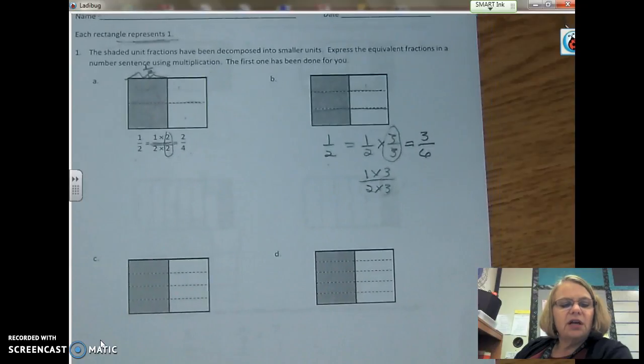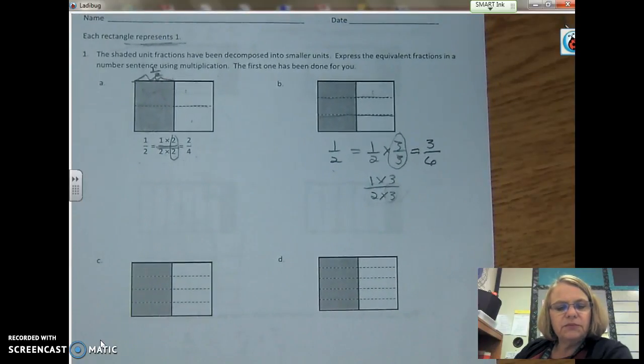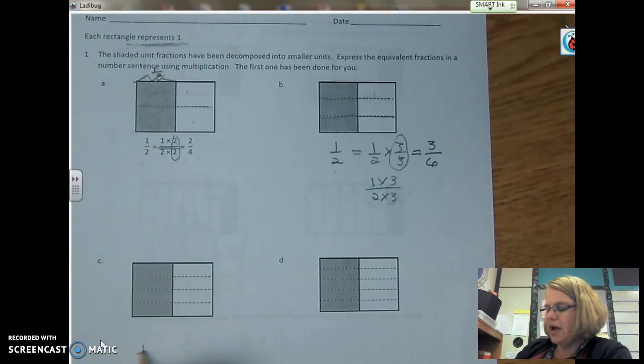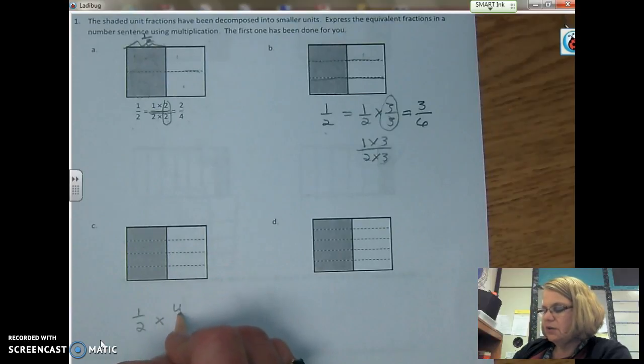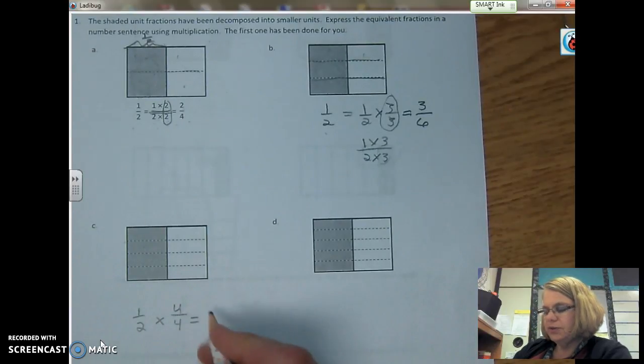Okay, so now, if we look at this one, we have, again, 1/2. And what are we multiplying by? Well, we split it into 1, 2, 3, 4 rows. So 1/2 times 4 over 4 equals 8.